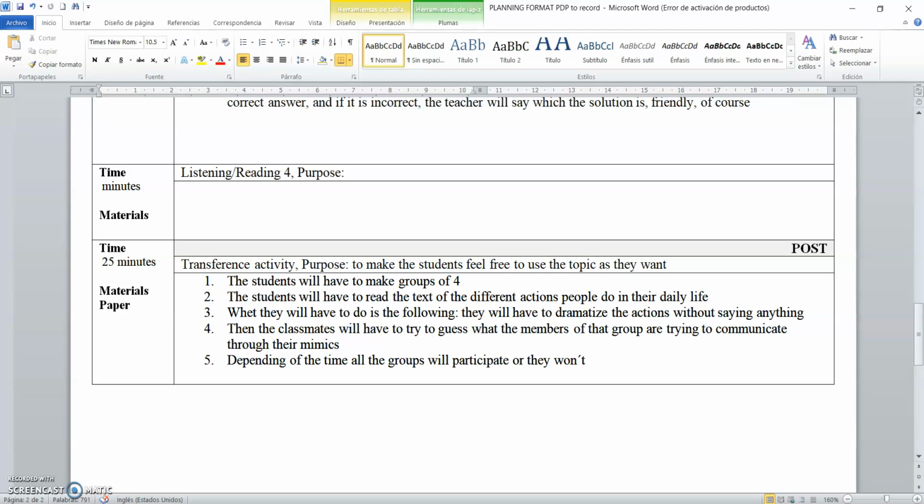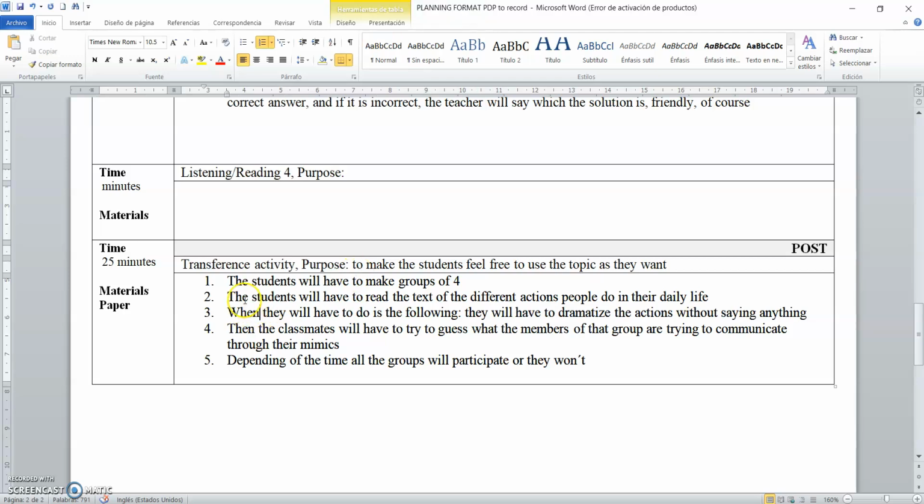Okay, I hadn't seen the time. The students will have to make groups of 4. The students will have to read the text of the different actions people do in their daily life. And when, I'm sorry, I guess that I can fix it.